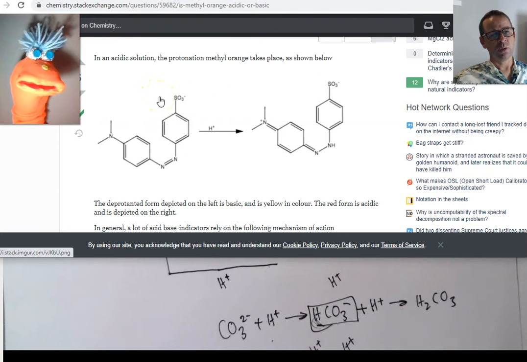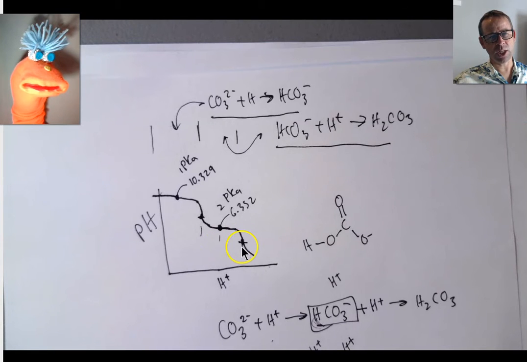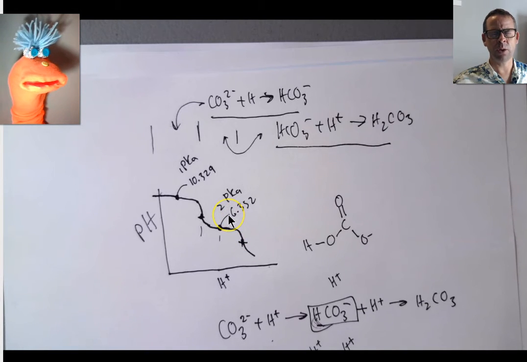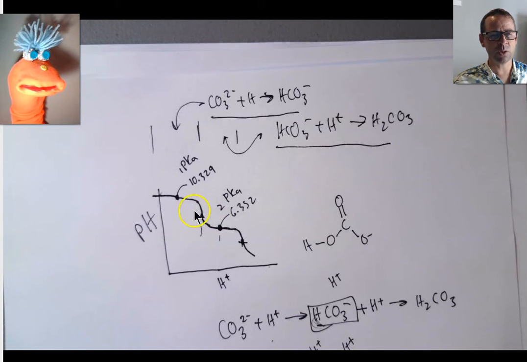Okay? So we chose methyl orange because it changes color. It has a pKa right about the endpoint of this reaction. We also chose phenolphthalein, which is our other indicator, because it has a pKa that corresponds with this endpoint.